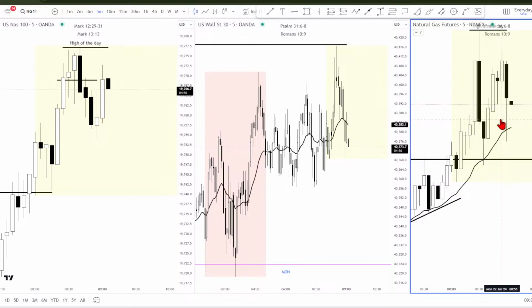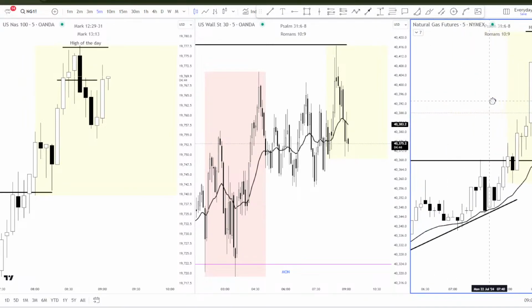We got this big push down and fairly large rejection, which has created a huge breakout, fake out bar down there. But still no lower low on the 1 minute chart. No lower lows on the 5 minute.